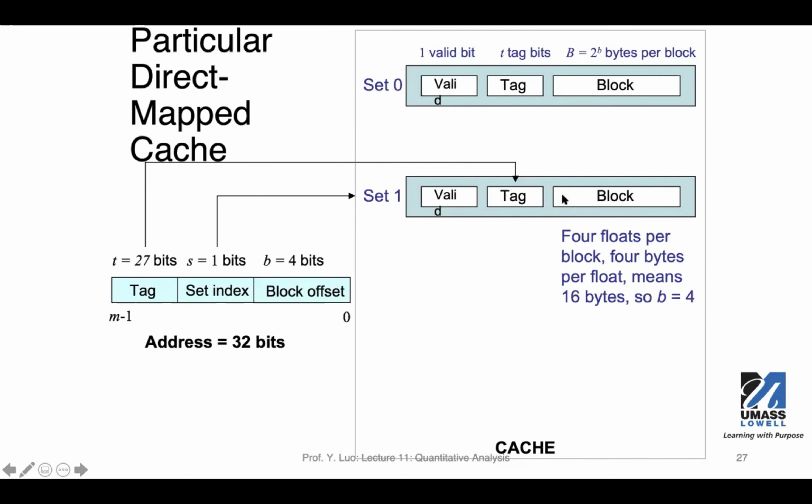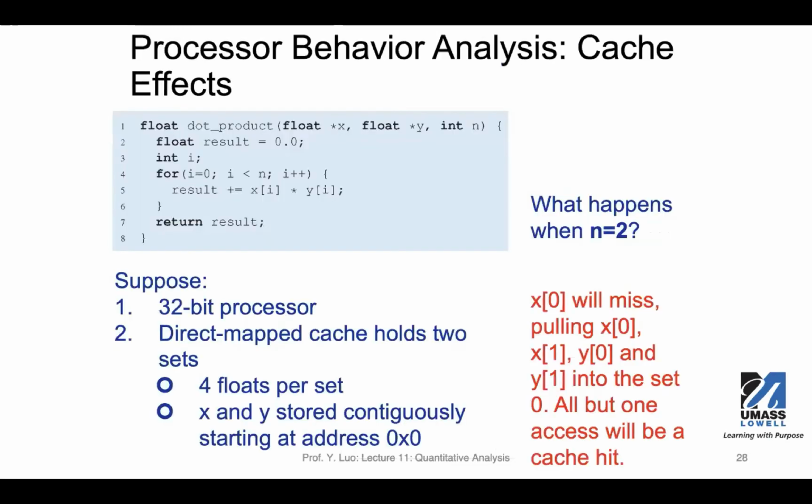So even though the processor only accesses X0, you will have X0, X1, Y0, Y1, all 4 floating point numbers loaded to the cache. That's why we say X0 will cause a cache miss. So we'll pull in X0, X1, Y0, and Y1 into set 0, or one of the sets.